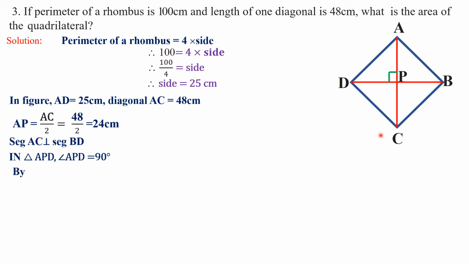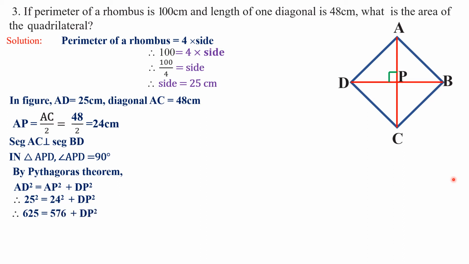Therefore, by Pythagoras theorem, AD square is equal to AP square plus DP square. Now substitute the values. Therefore, 25 square is equal to 24 square plus DP square.